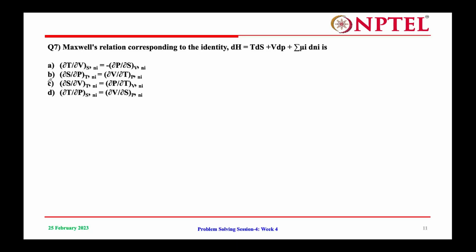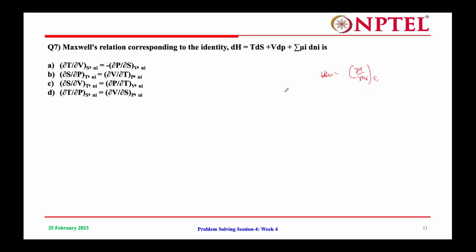Can anybody tell the answer to this one? Yes, here is one additional term, this summation ui dni. So ui you can write down as dH by dni. Sir, yes, D option.